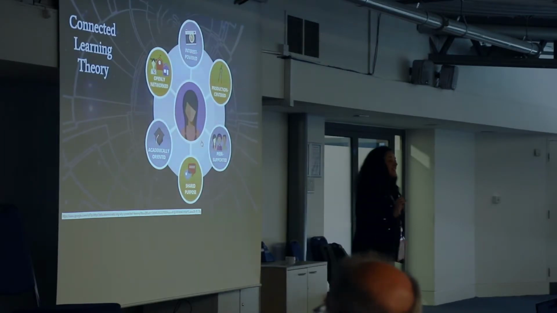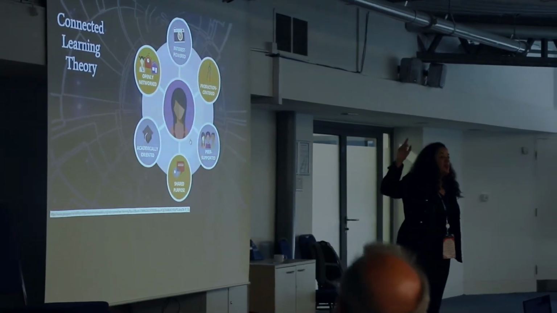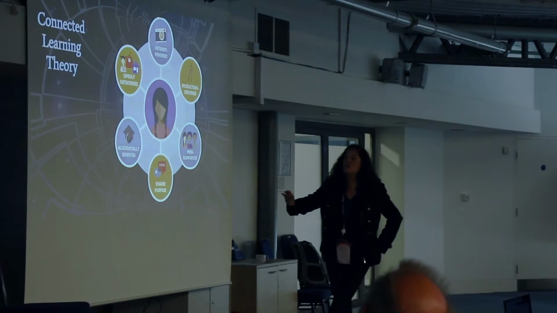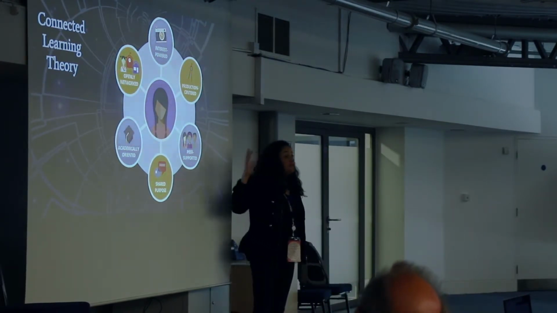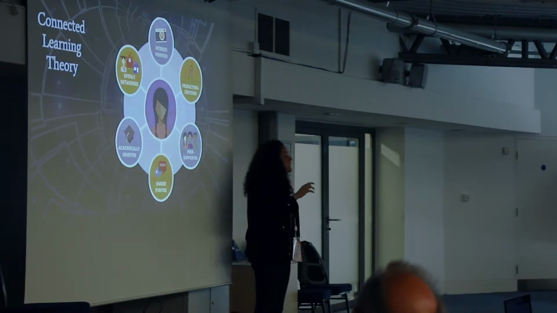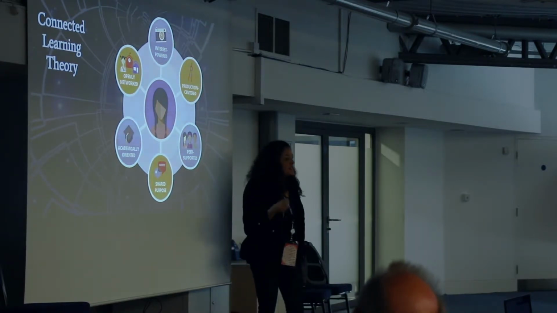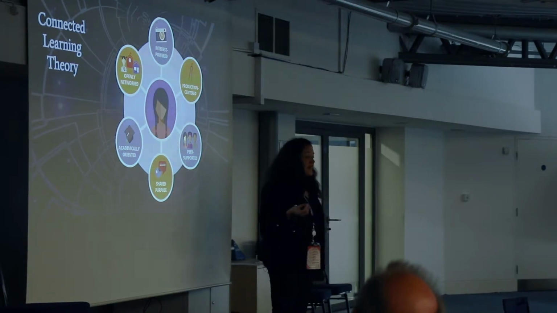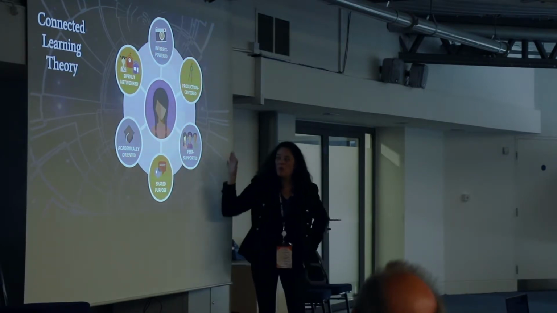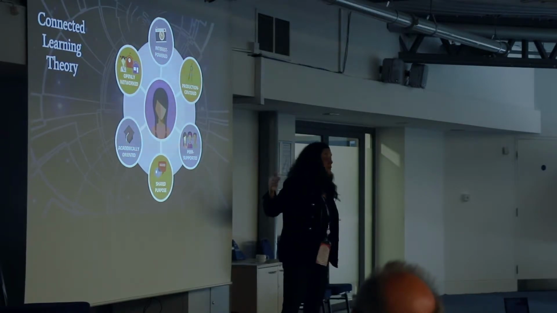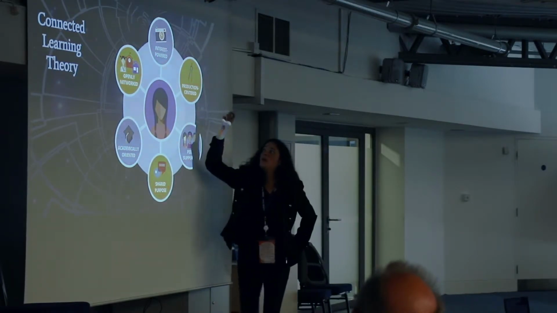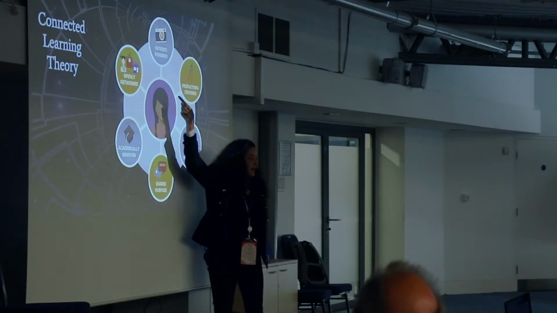So with that, I would like to present to you the actual pillars of connected learning theory. There's a few paradigms that need to be in play for this experience of connected learning to come together. It's well mapped out in this infographic, but I'll walk through it with all of you. First of all, there's the idea of interest-powered learning.